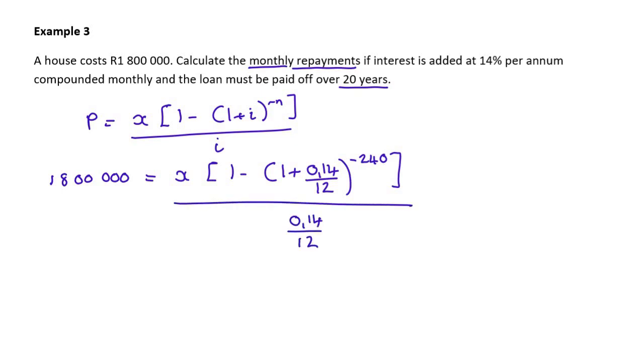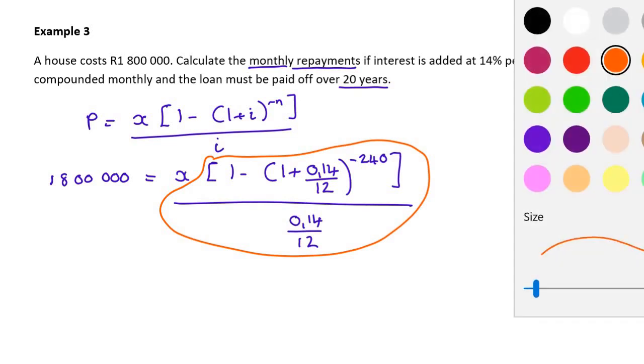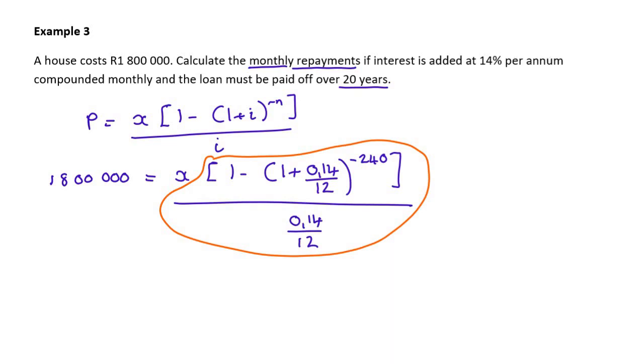Now exactly the same as a future value annuity, I work this out on my calculator because that's the coefficient of X, and I basically take 1.8 million and divide by that. So I got an X value of 22,383 Rand and 37 cents.